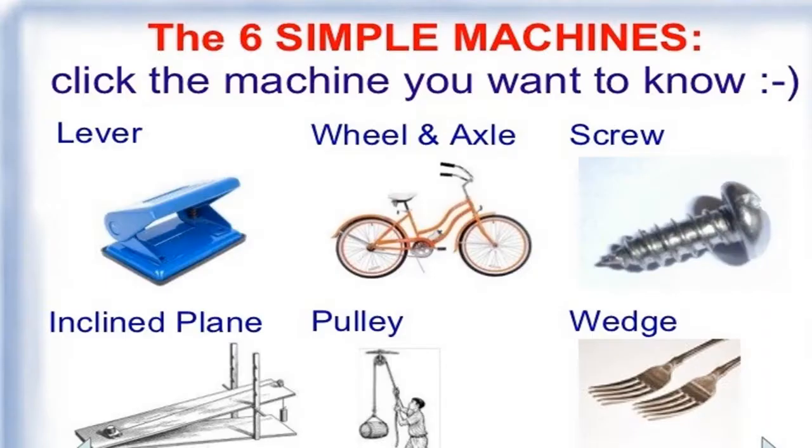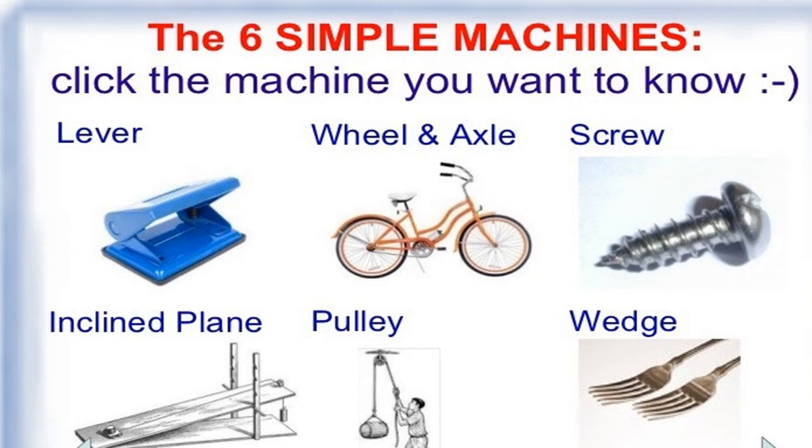Okay, students. On this page, as you can see, there are some more examples of simple machines. Puncher is a simple machine, a lever, and wheel and axle, and the example of wheel and axle is a bicycle. As you can see, the next is screw, and you can see the image of screw as well.